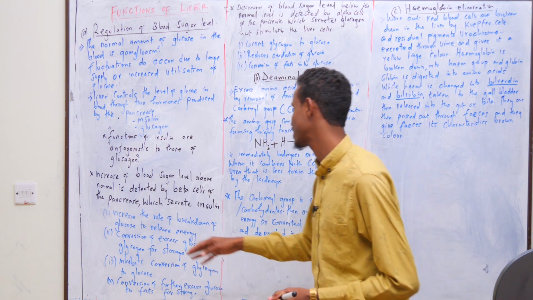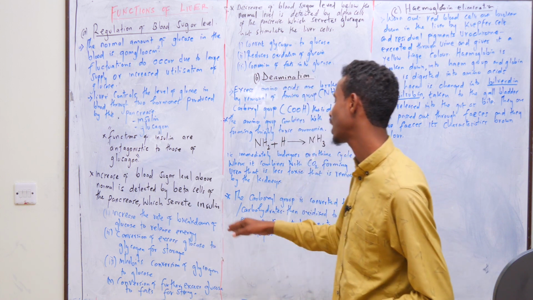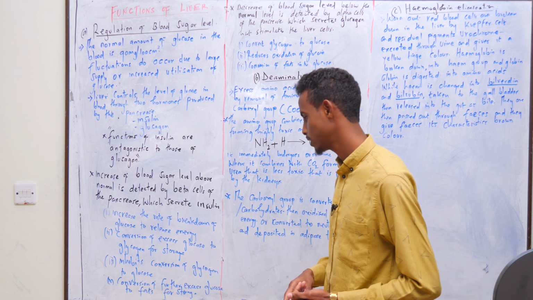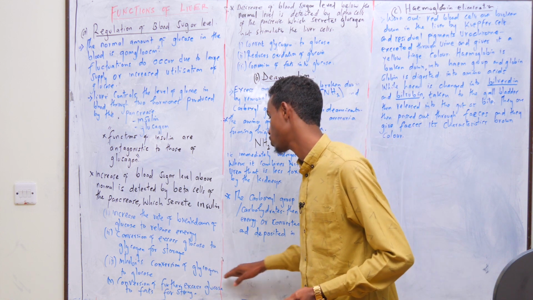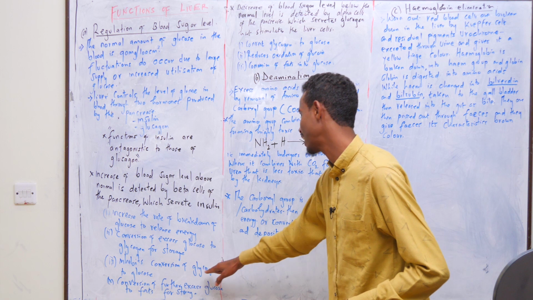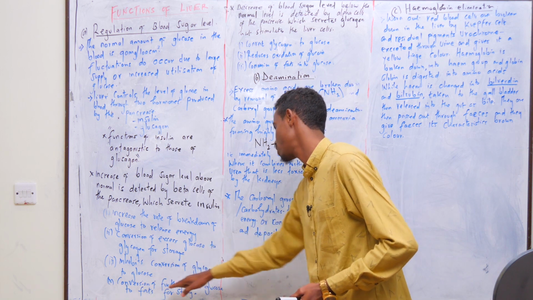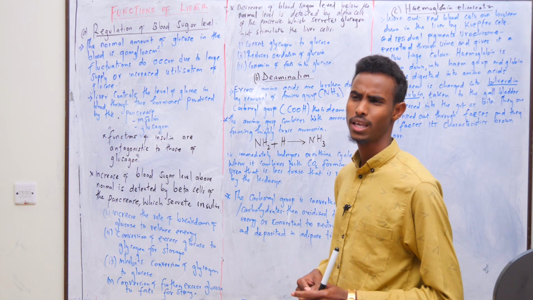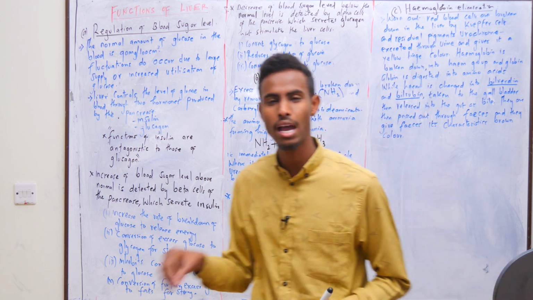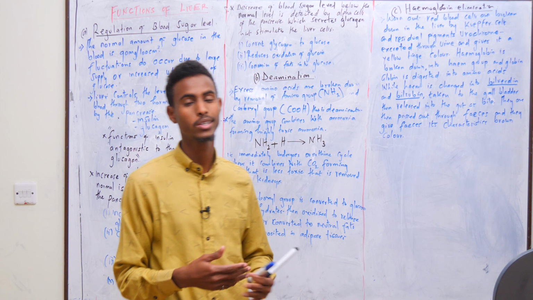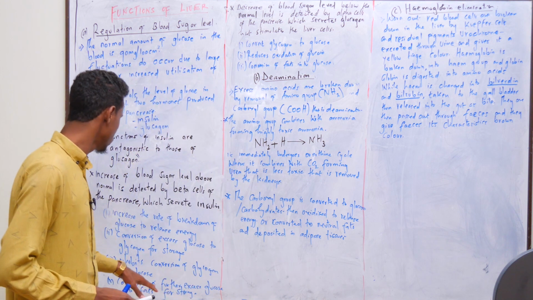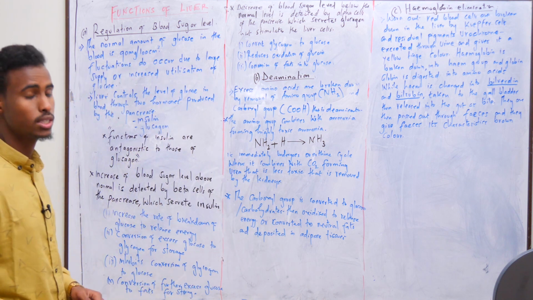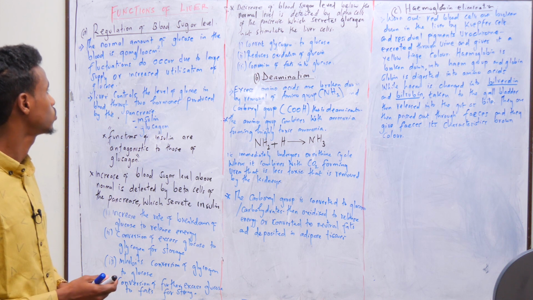It also converts excess glucose to glycogen for storage. It inhibits conversion of glycogen to glucose, and it converts further excess glucose to fats for storage. That means the blood has a high amount of glucose, and therefore we need to reduce it. These are the ways in which insulin works.